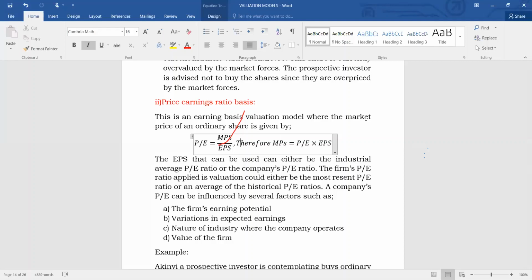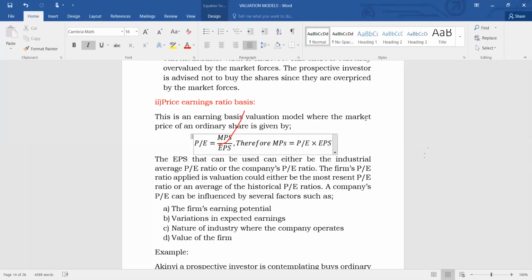I've simply made market price per share the subject of the formula, as some mathematicians like to say.